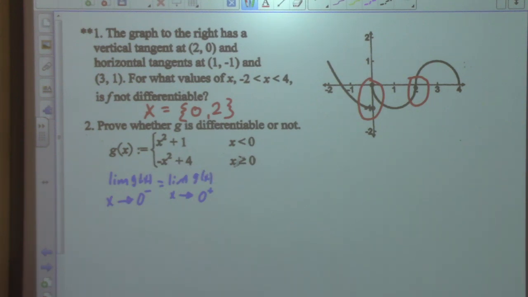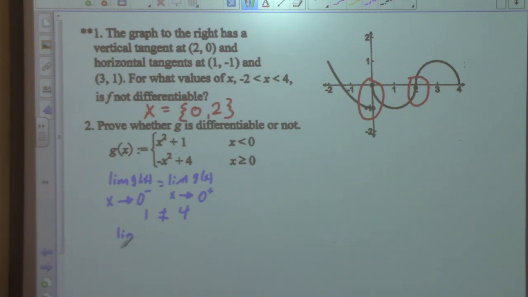And so we just test here. We plug in 0 on the left side, what do we get here? Plug in 0, what do we get? 1. And then we plug in 0 here, what do we get? 4. Does 1 equal 4? No.